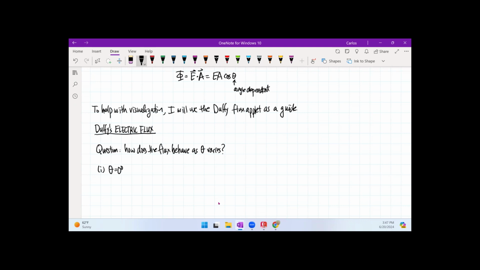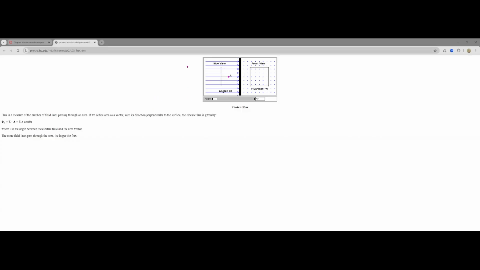Okay, so let's go look at the applet. I'm going to go and share my screen. So what I'm seeing here is that you're probably seeing this thing, and look at the angle right there. You could see that it's the angle 0. So what you're seeing here is that this is the rectangle from a side view, and you could see that the blue here represents the electric field.